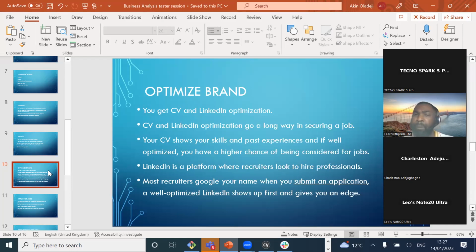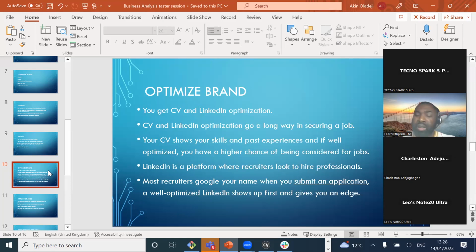So for the training and the project that you've gone through to work, you need to optimize your brand. Meaning your CV will speak for you even before the recruiter sees you. So that means your CV needs to go through revamping.